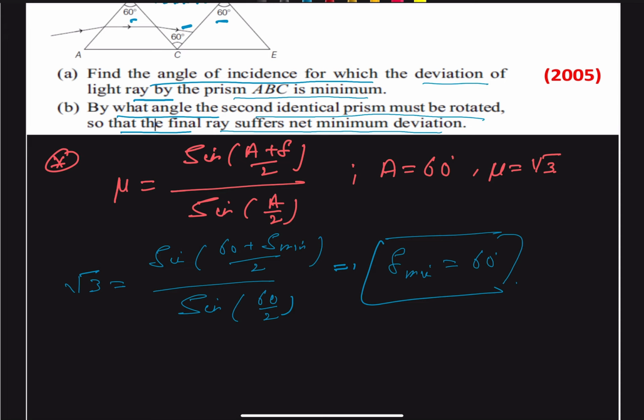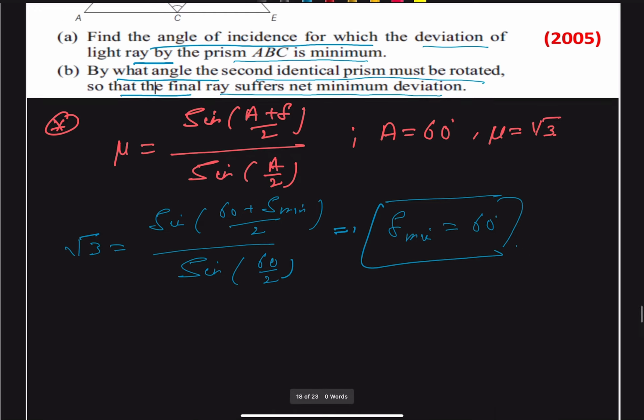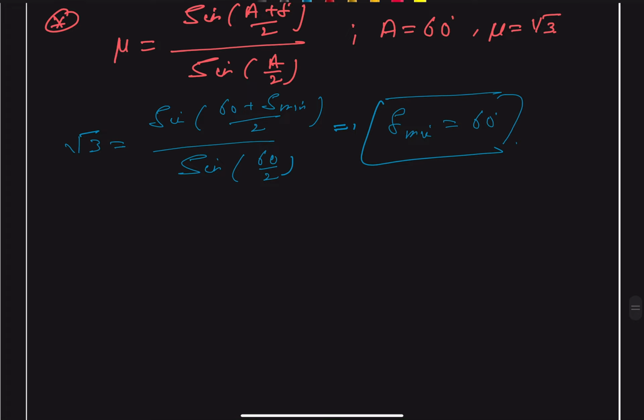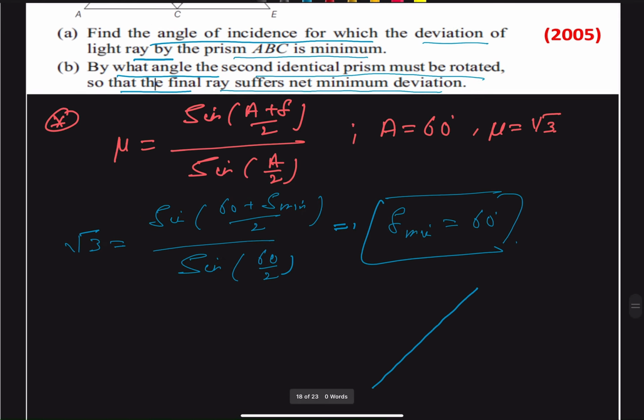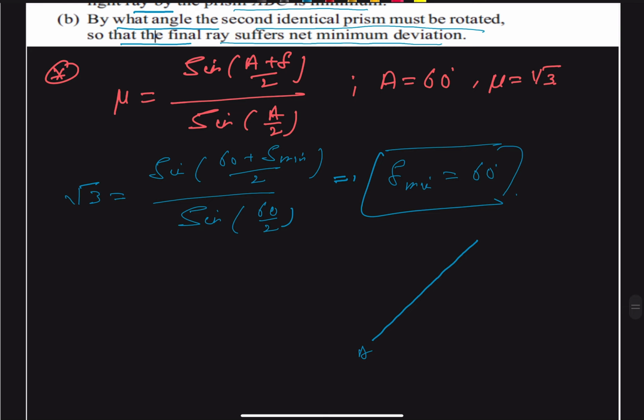We have to find out the angle of incidence so that the deviation is minimum. So this is our side AB, and we have the incident ray something like this, and the normal, so it will be bending like this.